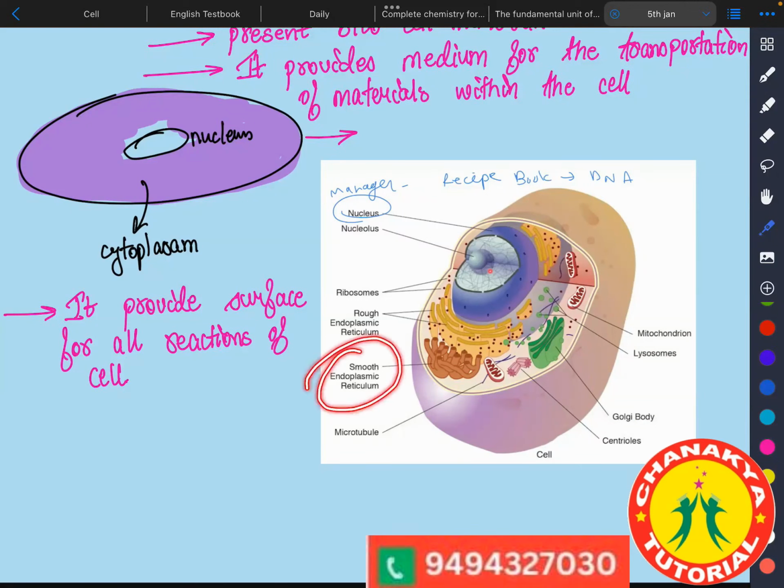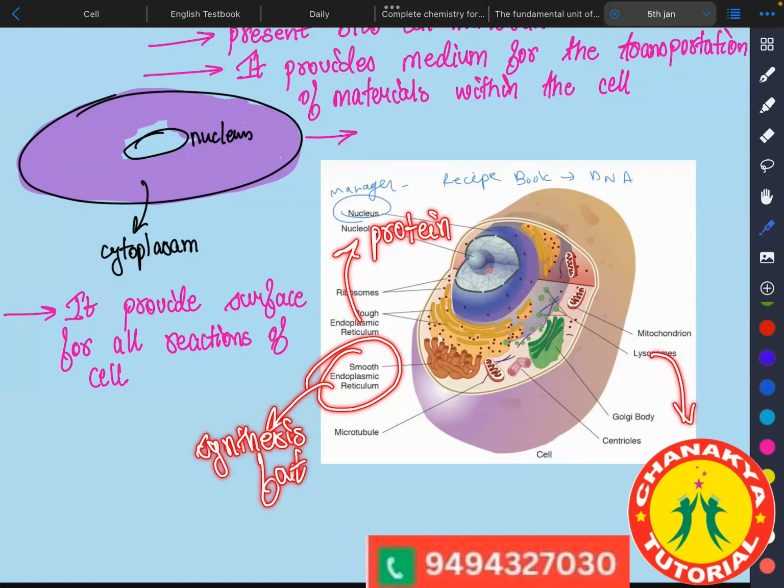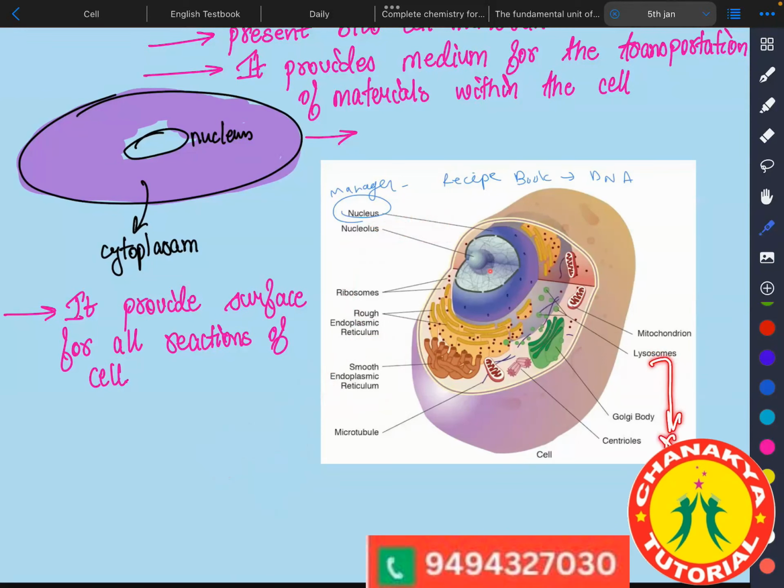Like the smooth endoplasmic reticulum synthesizes fat, whereas the rough one synthesizes protein. The lysosome removes waste material for the cell. Centriole is used for cell division.